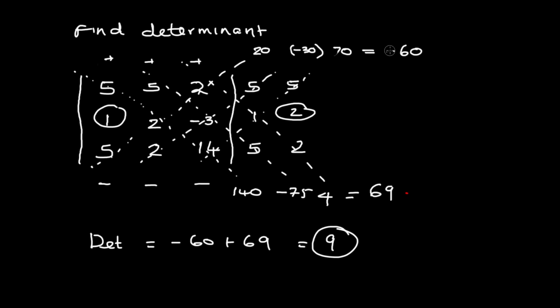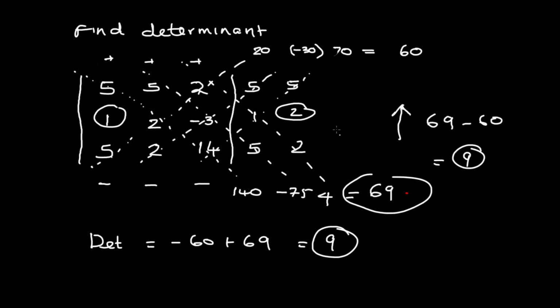So at the end of the day, this number will be positive. So my solution is going to be like that. It's going to be 69 minus 60, which is going to be 9. Because then I subtract everything that I've added on top from everything I've added below here.